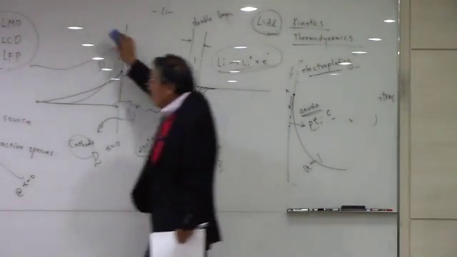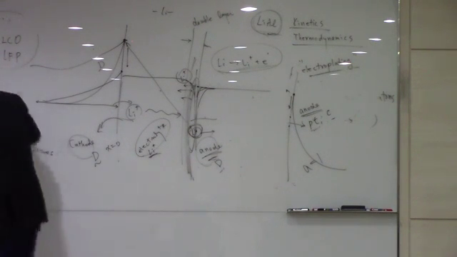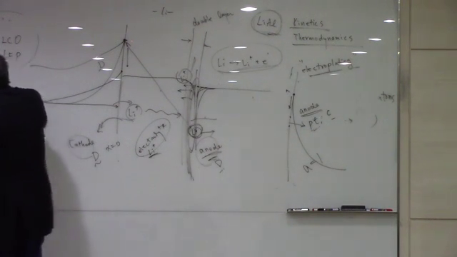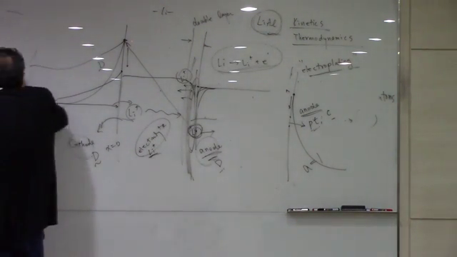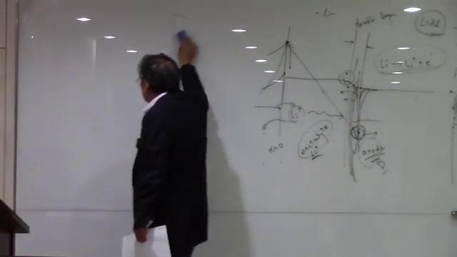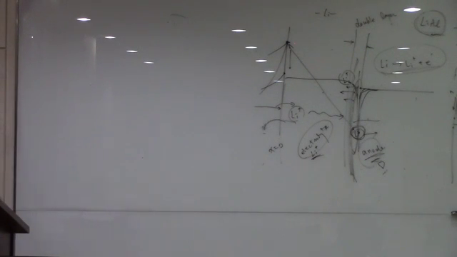Now, this Warburg impedance is related to the diffusion coefficient of the electroactive species in your cathode.